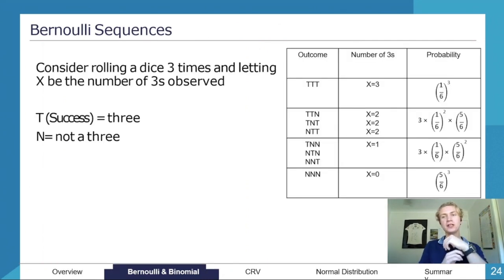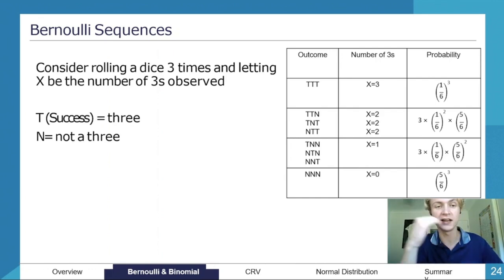Okay, so this would be an example. It is actually the example I made up just now. So obviously my memory recalled it. So Bernoulli sequences, consider rolling a die 3 times and letting x be the number of threes represented. Well, the probability that x equals 3 is going to be, if we extrapolate it, what are we going to get?